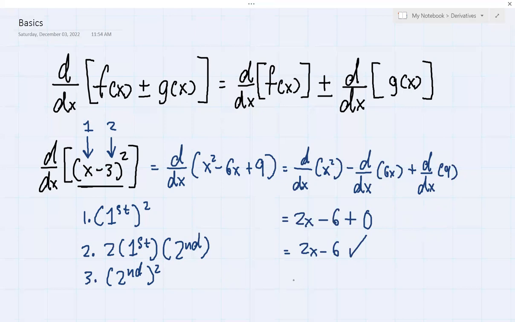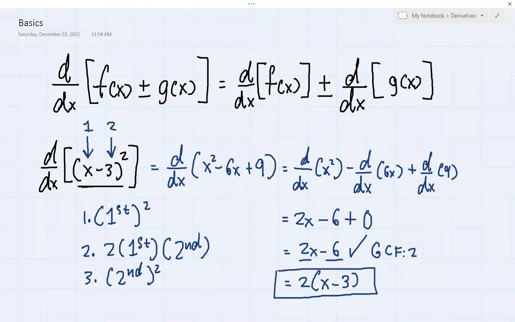Or we can simplify it further. 2x and negative 6 are both divisible by 2, and that is their greatest common factor. Hence, we can factor out 2 in this expression. So we will have 2 times the quantity x minus 3. That's the final answer.